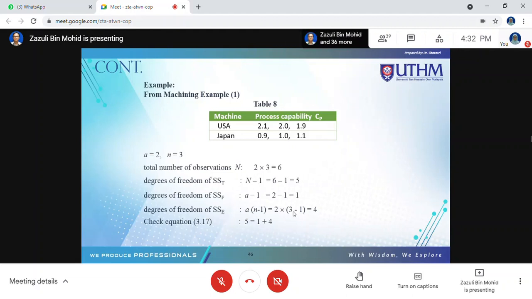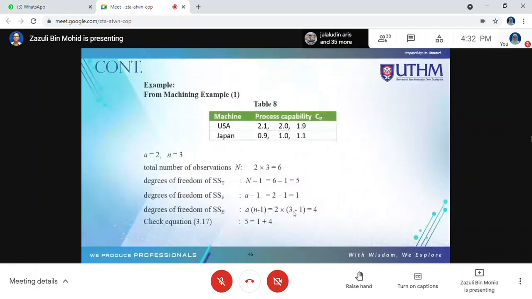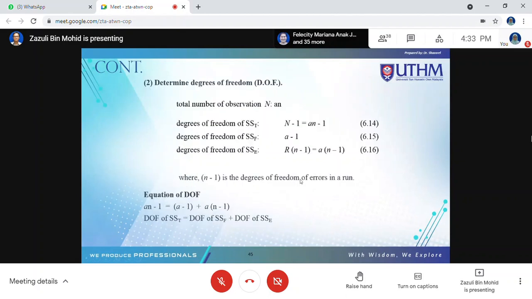When you calculate the degrees of freedom using the formula given in the previous slide, you will have the value of large N as 6, SST is 5, SSF is 1, SSE is 4, and then 1 plus 4 is equal to 5. It shows that this equation here is correct.